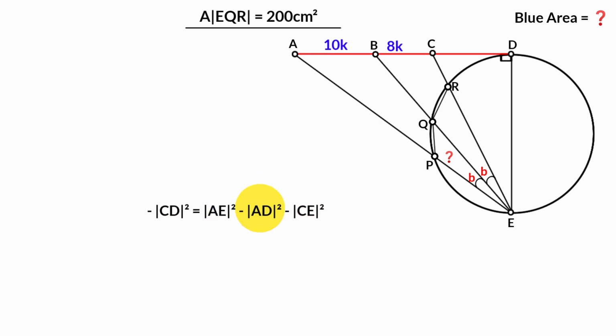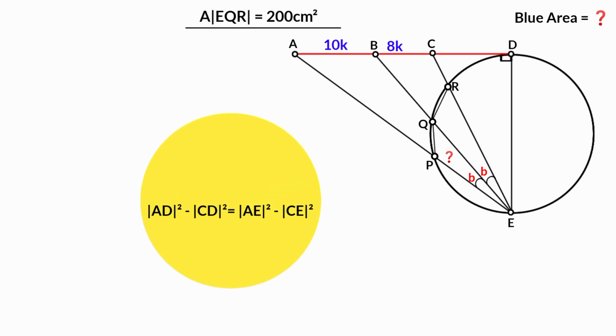We take this minus line AD squared to the left. So minus line CD squared plus line AD squared equal to line AE squared minus line CE squared. Here minus line CD squared plus line AD squared is line AD squared minus line CD squared. So line AD squared minus line CD squared equal to line AE squared minus line CE squared.